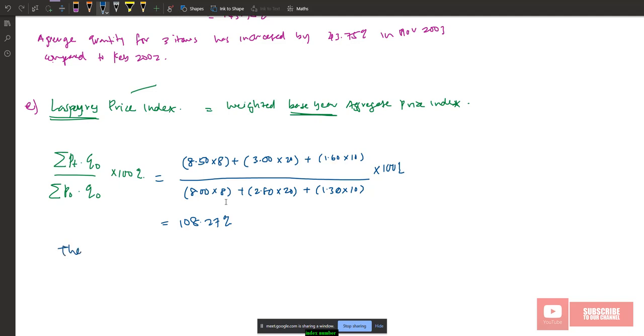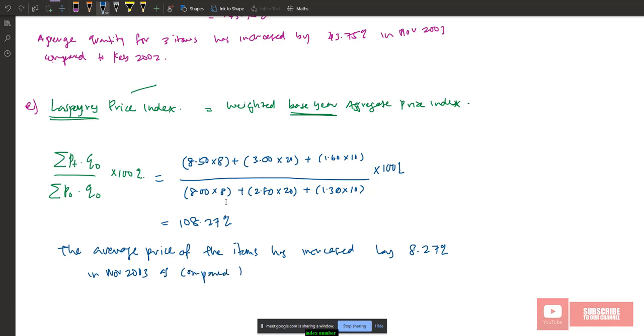So the average price of the items has increased by 8.27% in November 2003 as compared to February 2002. Right. That's how we solve the problem.